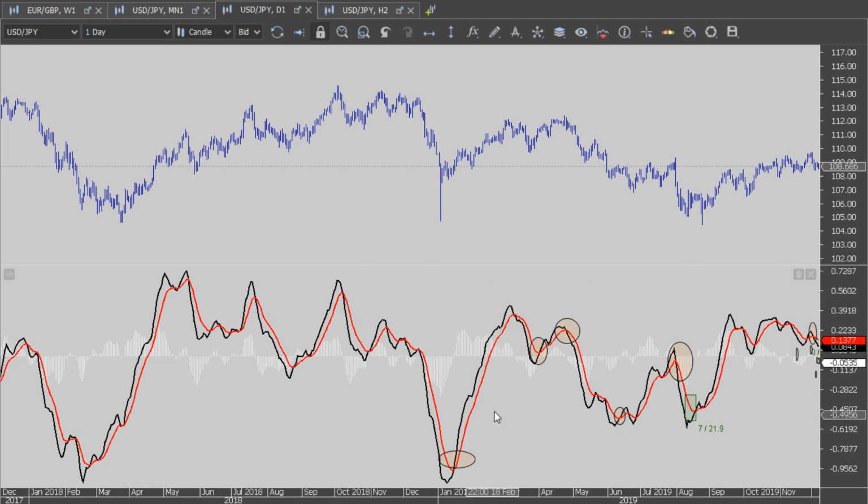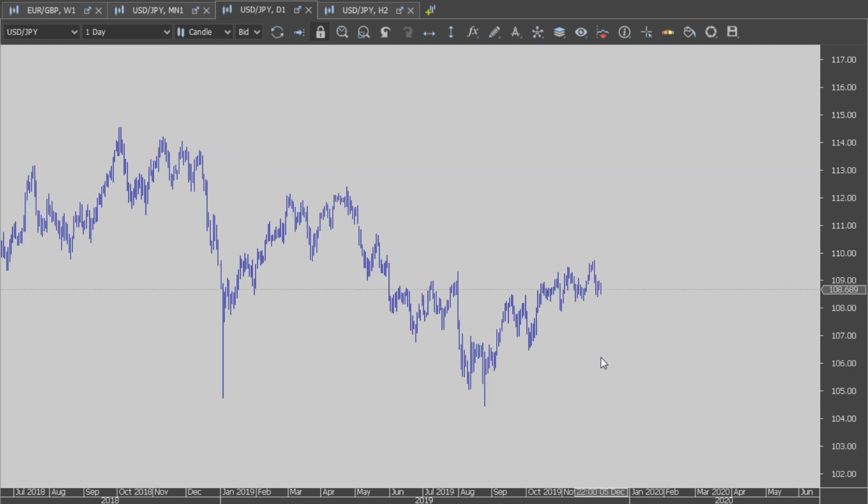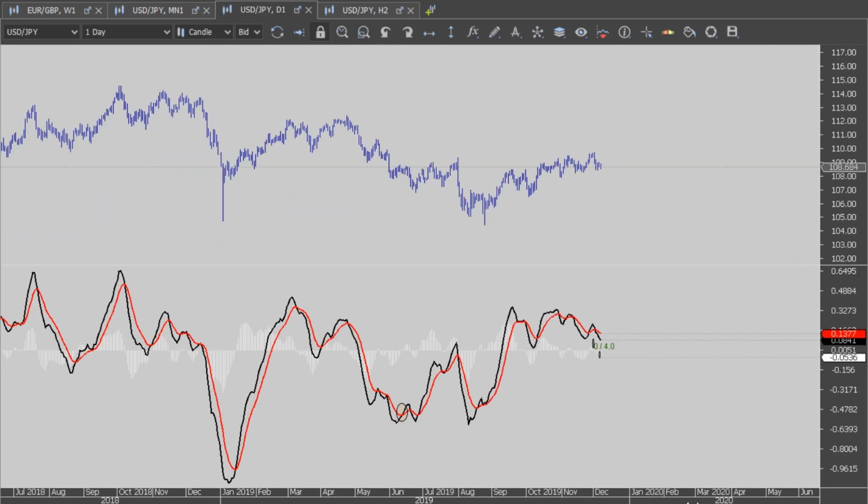Why not? Because Brexit is an example. Brexit never happened before, you know. So you need to always be aware and monitor if the indicator with your setup is performing well or not.